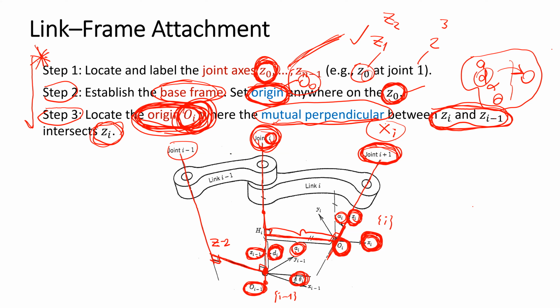The x-axis means the x-axis after it has already rotated by theta. And the frame i is the effect of the twist angle alpha again.